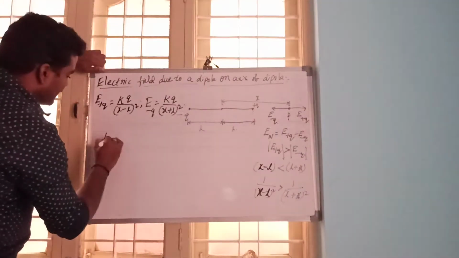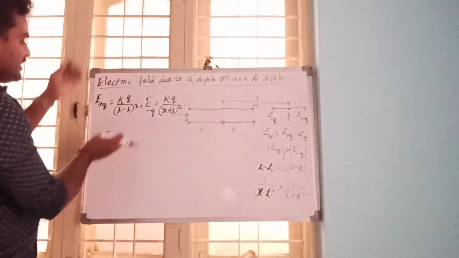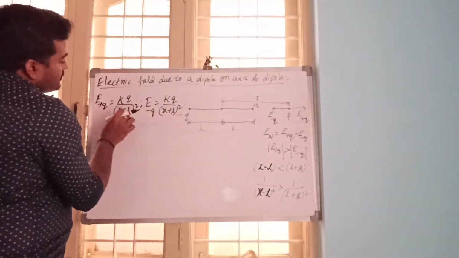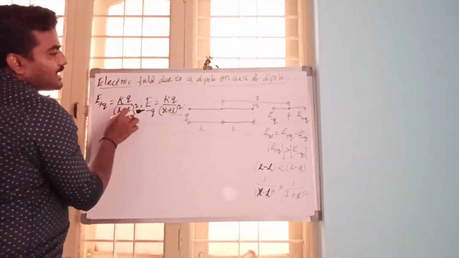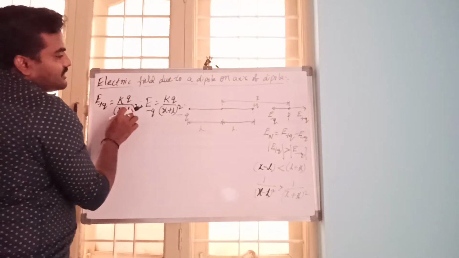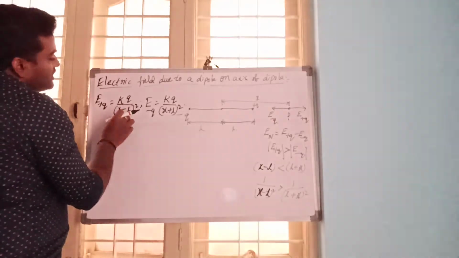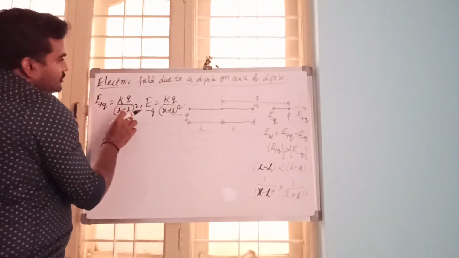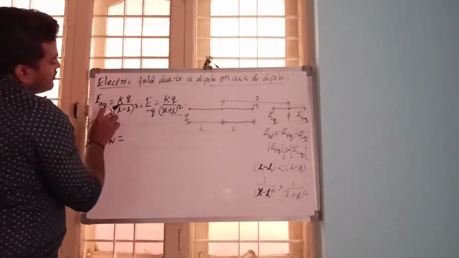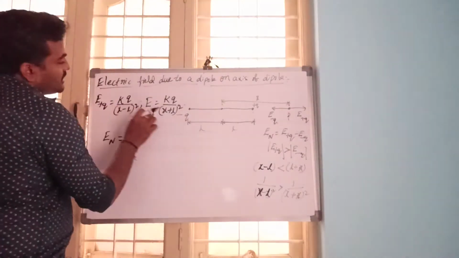Now the net electric field: whatever the denominator we have, the distance of the point from either of the charges, we know that if the distance is less, the electric field will be more. So that is why bigger one minus smaller one.